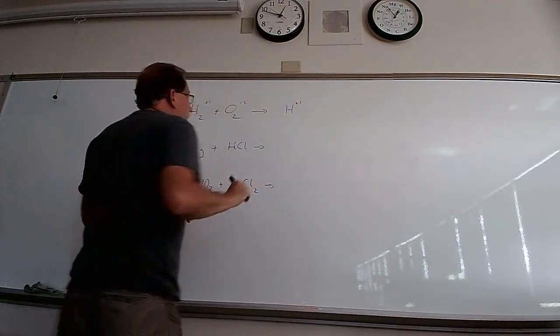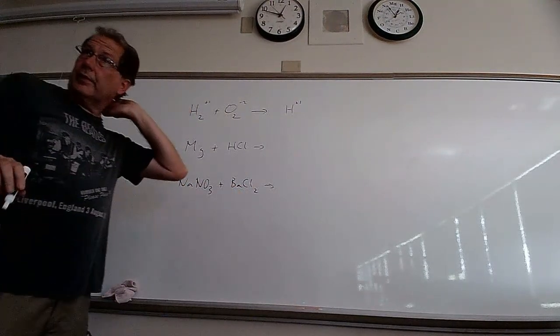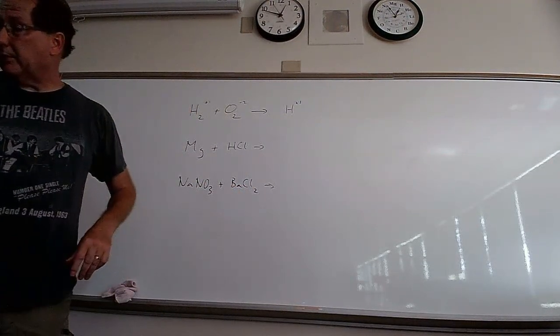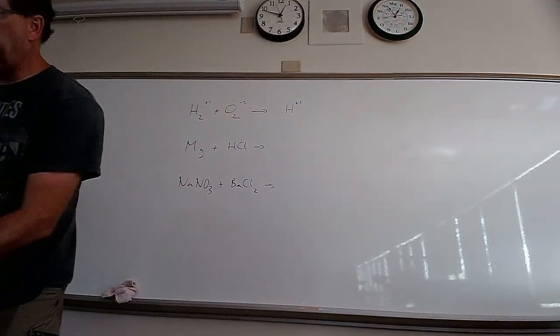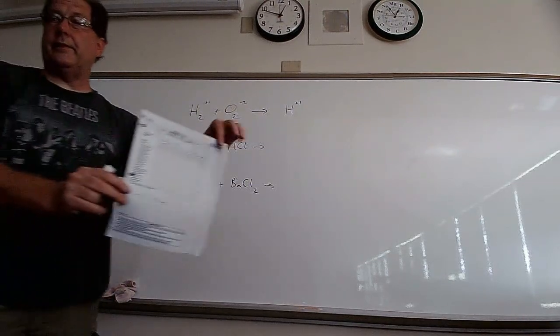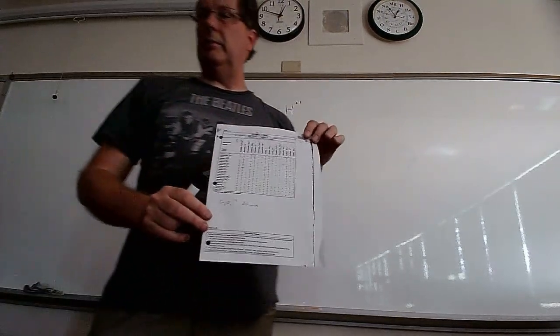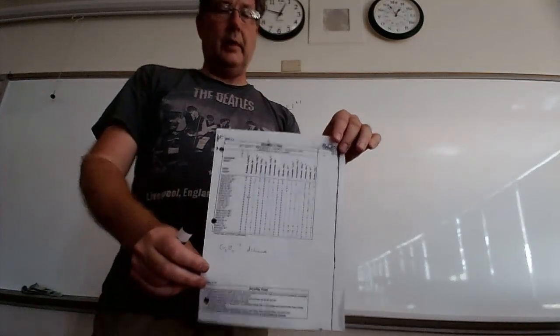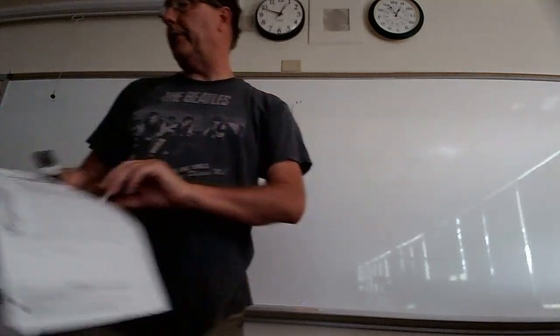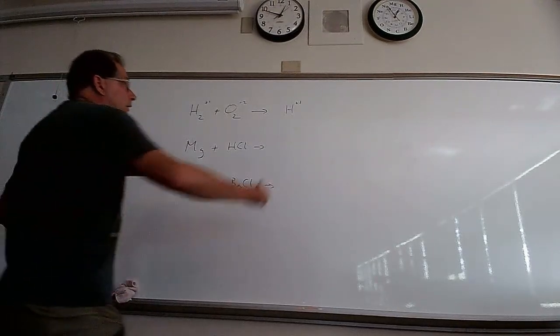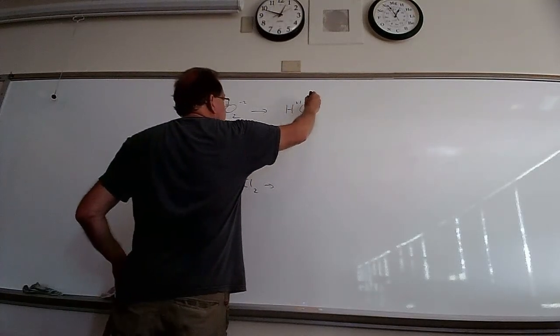Then I got oxygen. Same thing, if you take a look at your solubility chart, here I'll pull out my copy so you know what I'm talking about. You will see that oxygen is O with a charge of -2. So I'm going to write down here O with a charge of -2.